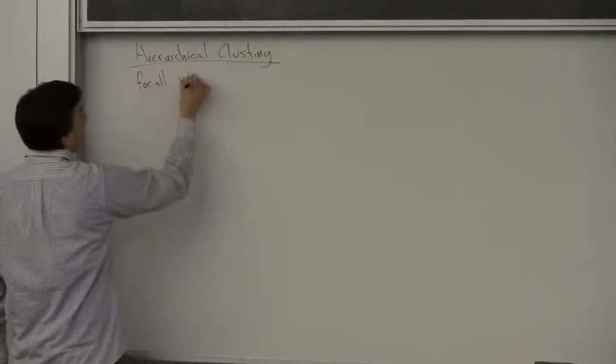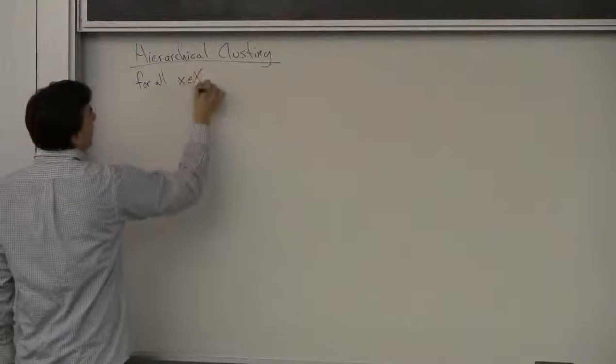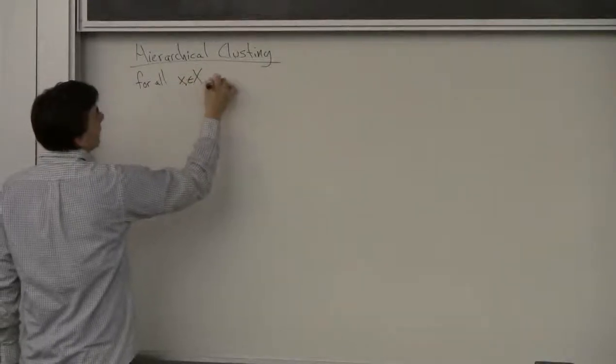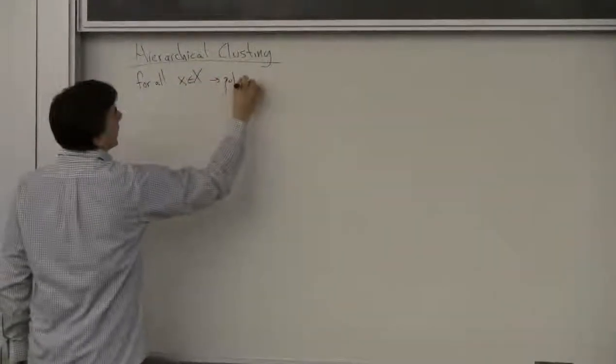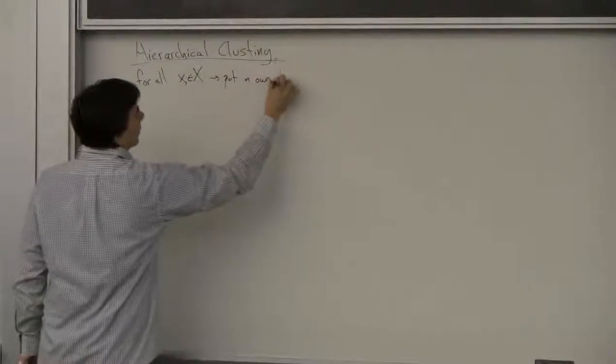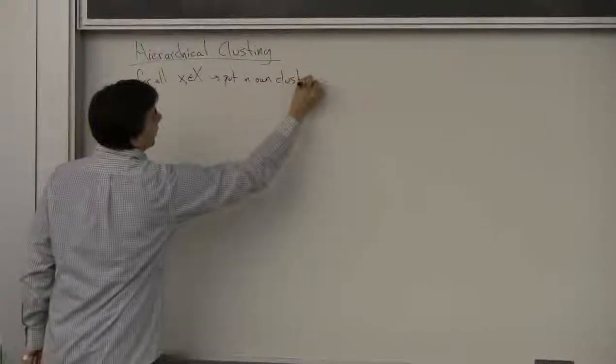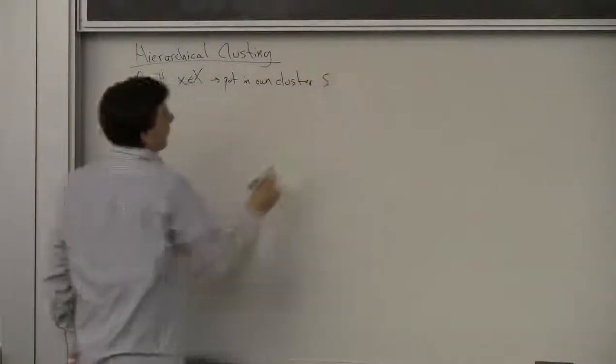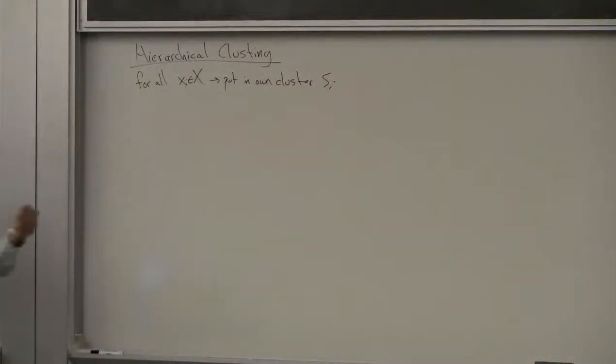For all x in X, put xi in its own cluster Si. So for each point, it's initially its own cluster. If you have n points, you start with n clusters. Every point is its own cluster.